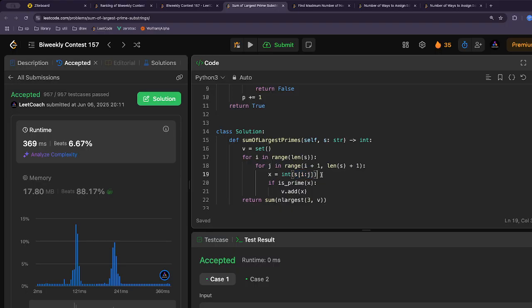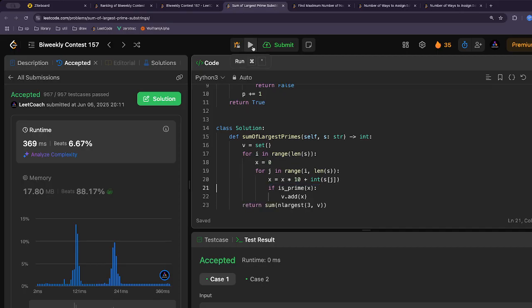So it is actually cubic here, but you could avoid that by doing something like this, using x.